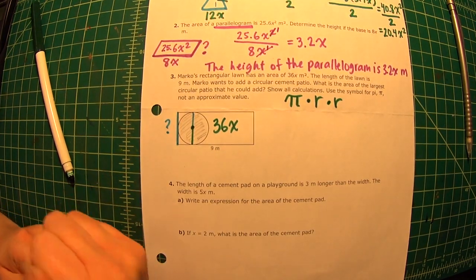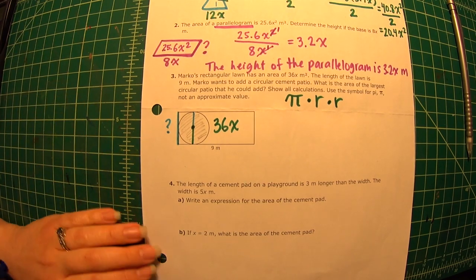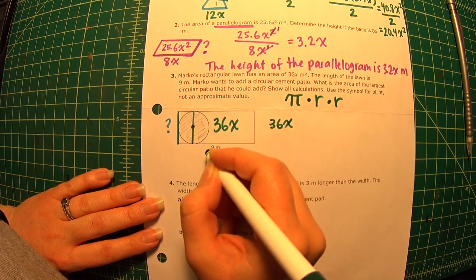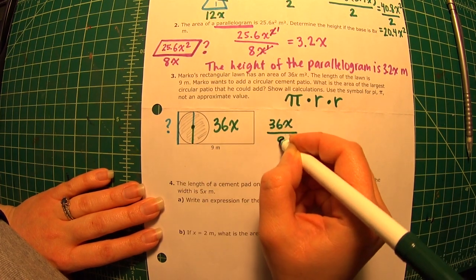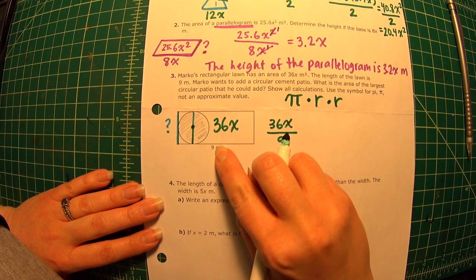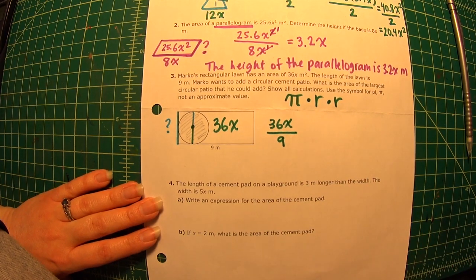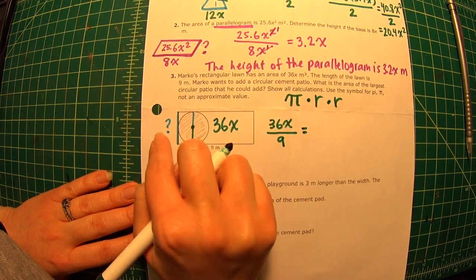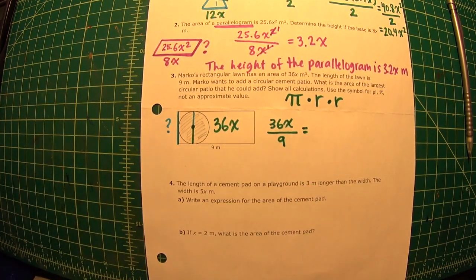To find a missing factor, that means finding the quotient. So I've got my area, 36x. I've got my length, 9. Remember the unit there, that's not a variable, that's a unit. So I'm just going to think of it as 9 right now. I'll bring my units back at the end. And that's going to equal my missing factor here, which is also going to be my diameter.